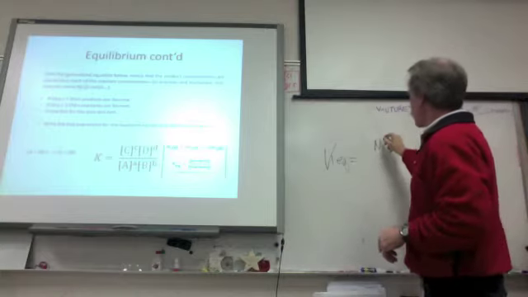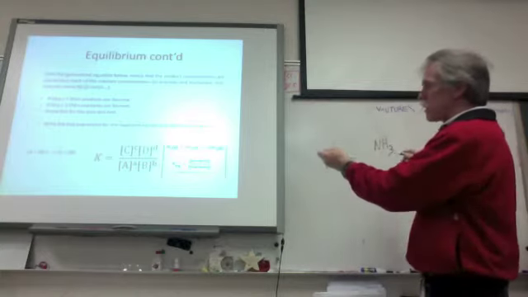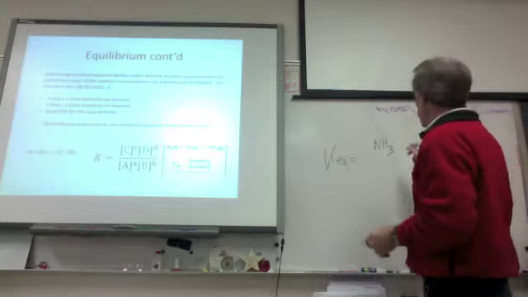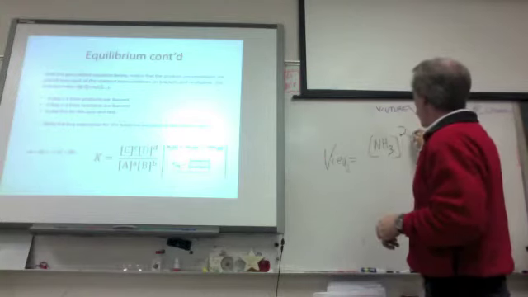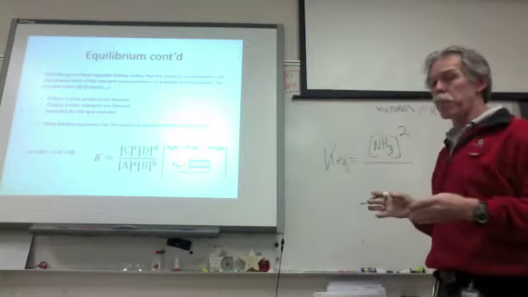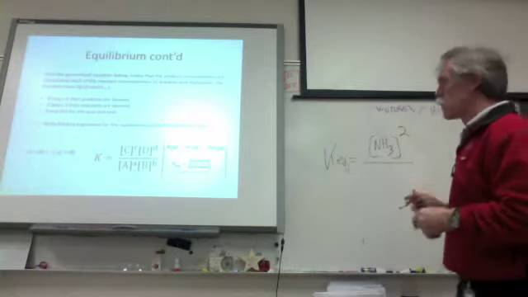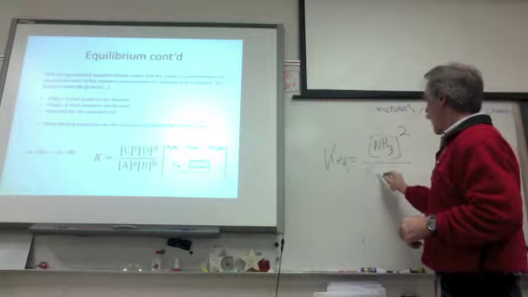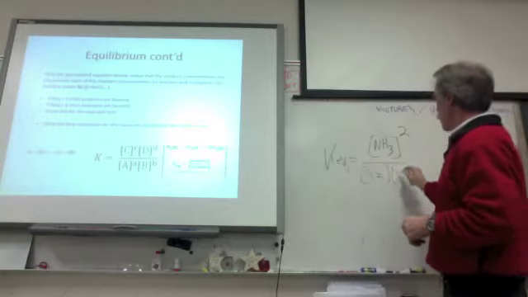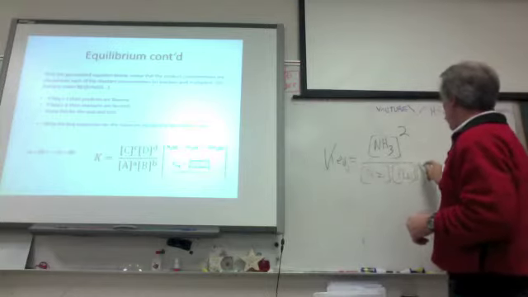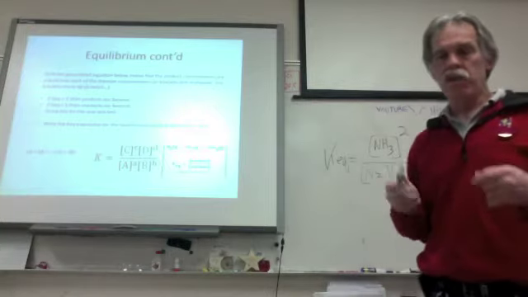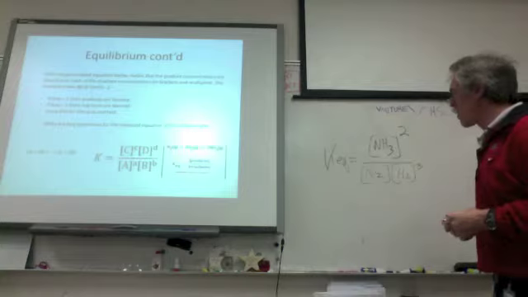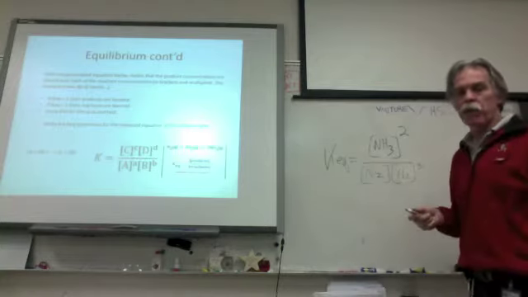In this case, there's just one, so we don't have a D because there's just a C. So the product raised to the power of the coefficient, so it's to the second power because it was 2NH3, over the reactants, which are N2 and H2, raised to the power of the coefficients. In this case, hydrogen is to the power of 3. There you go. That's our expression.